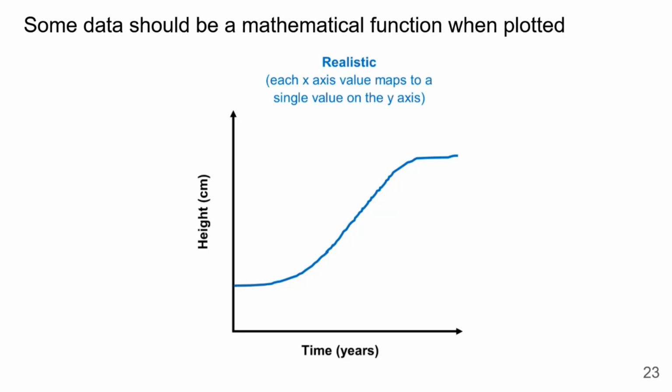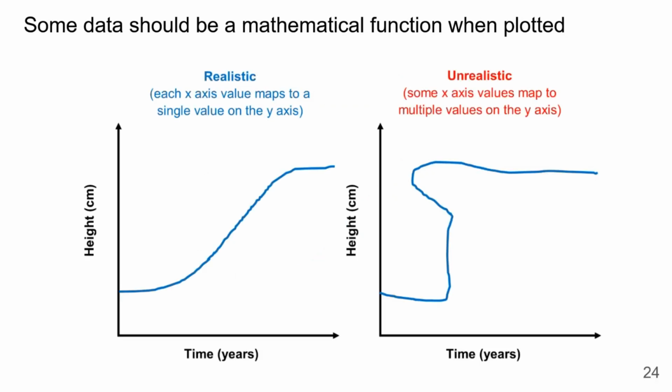So imagine that you're recording your height over time. Here's a mock-up of such a graph where you have time on the x-axis and height on the y-axis. This only makes sense if each value on the x-axis corresponds to a single value on the y-axis, because you can only ever be one height at one time.